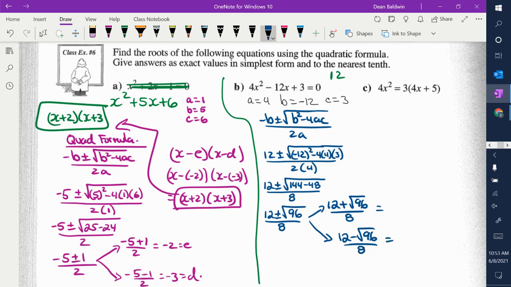You'll need a calculator to do those. You're going to get decimal answers. Go to 2 decimal places.